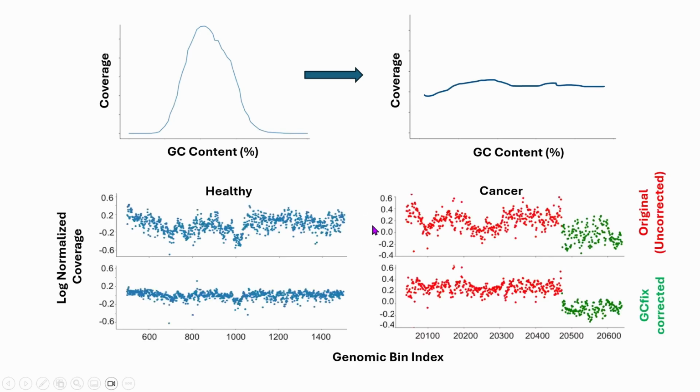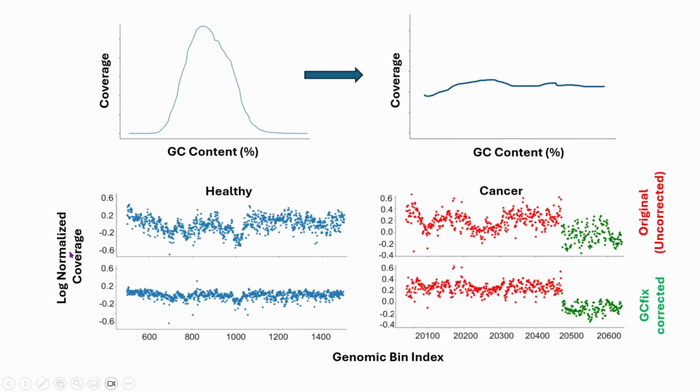For example, you can see here on the top side, these are the original uncorrected coverage profiles. So what is a coverage profile? On the x-axis right here, we have genomic bins. These are genomic bin numbers, bin number 600, bin region number 800, and so on. So these are bin regions. And on the y-axis, we have the normalized coverage.